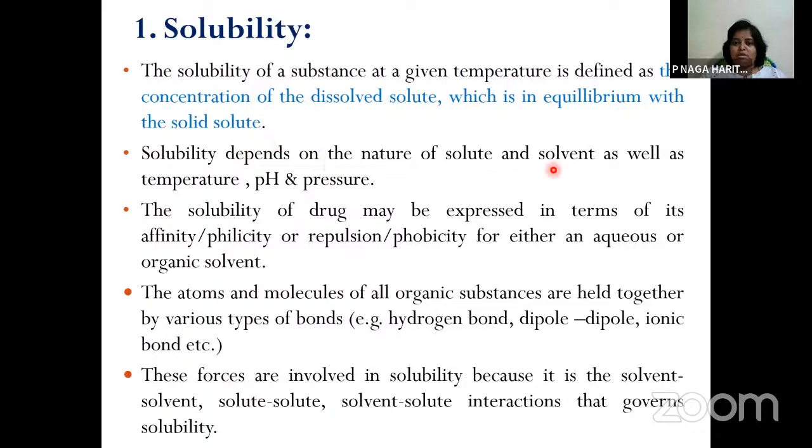So it depends upon the nature of the solute and solvent as well as temperature, pH, and pressure. How much of the solute is getting solubilized in the solvent depends upon the temperature, pH, and pressure. Because if any of these properties changes, either temperature, pH, or pressure, definitely the solubility of any drug is going to change in any particular solvent.